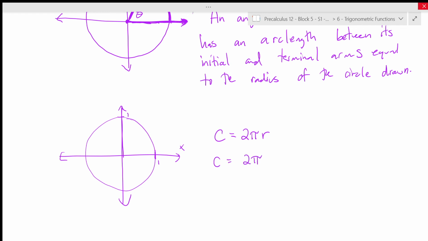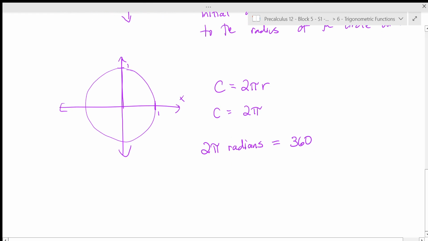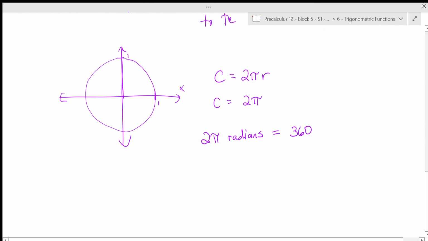It actually doesn't matter what our radius is because we said 1 radian is going to be the same thing, no matter what the radius of the circle is. So we know here that 2 pi radians is the same as 360 degrees. And if we divide both sides here by 2, we know that pi radians is equal to 180 degrees.